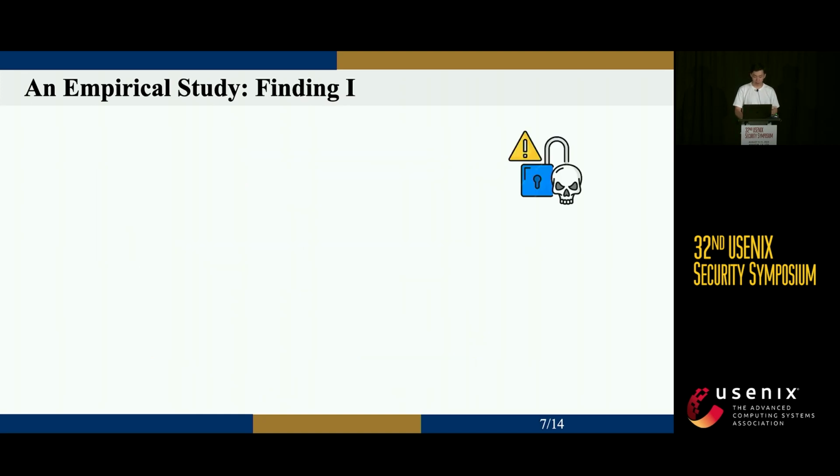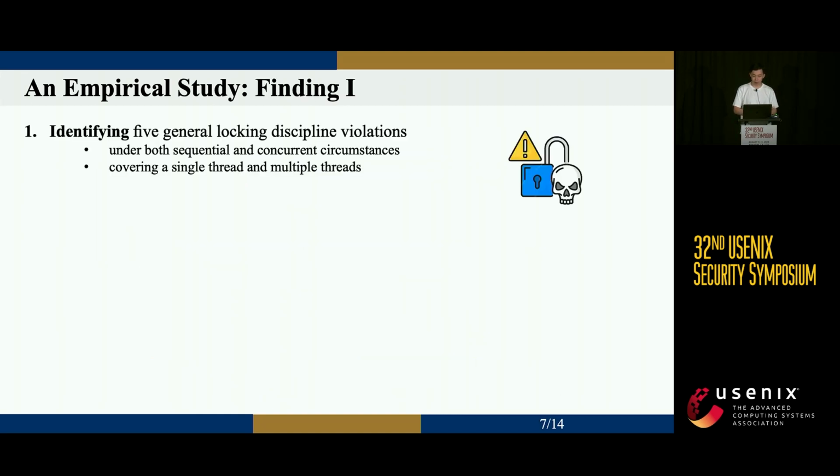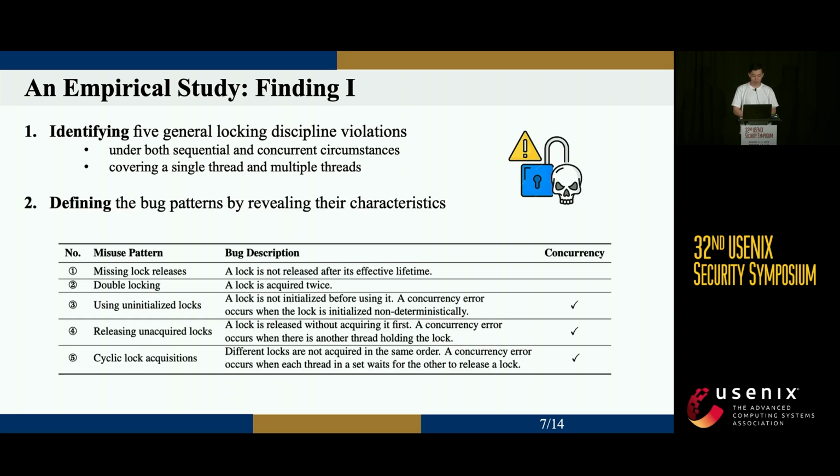Our first finding is that there are five general locking discipline violations, which can happen both under sequential and concurrent circumstances. We define the bug patterns by reviewing their characteristics. These five general lock misuses include missing lock release, double locking, using uninitialized locks, releasing unacquired locks, and cyclic lock acquisitions. And the latter three lock misuses can be related to concurrency.